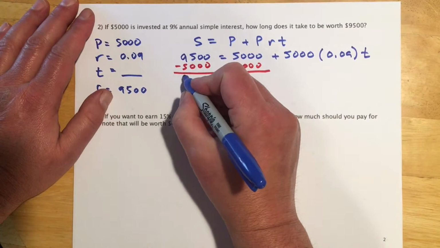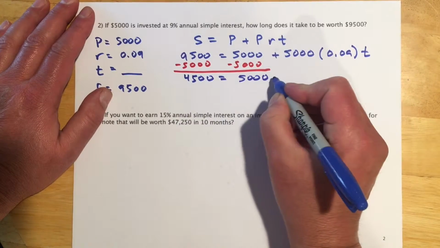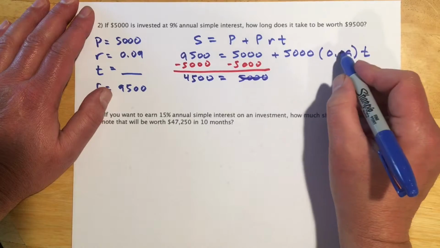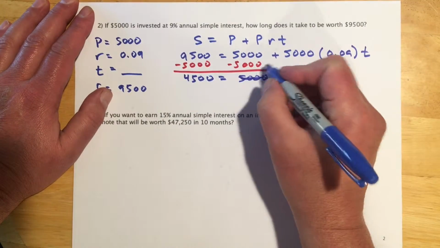So over here, that's going to give me 4,500 equals 5,000 times 0.09, and that would be 450, times T.